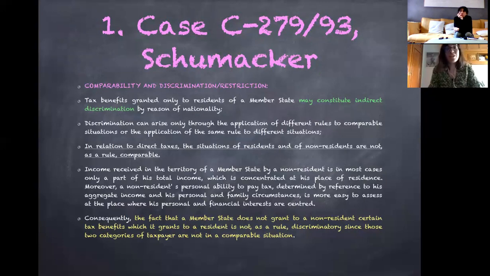Knowing this situation, now we are going to follow the four-step system taken into account by the ECJ in order to discover if there was a restriction of any of the four fundamental freedoms, and in this particular case, the free movement of workers, the possibility of working in a country different from your country of nationality.